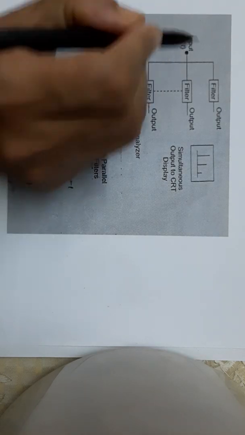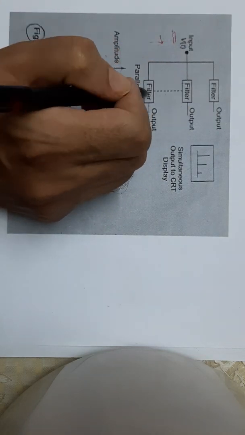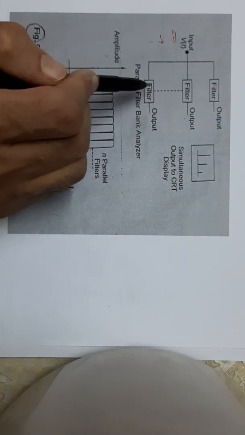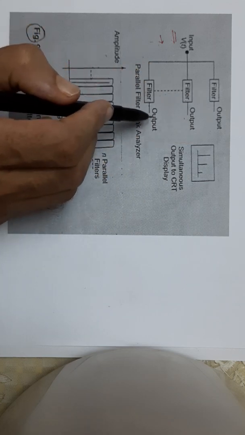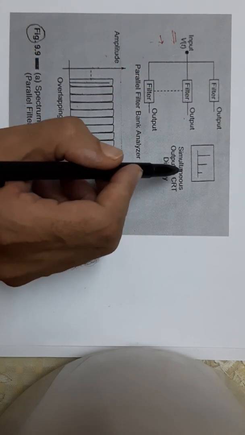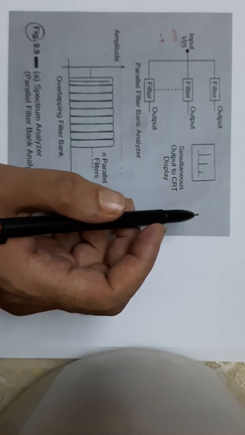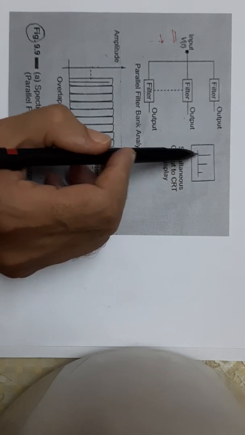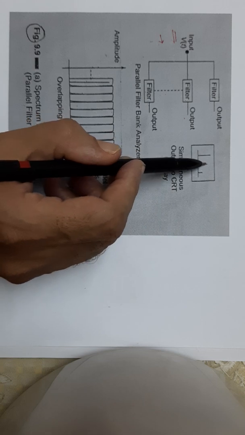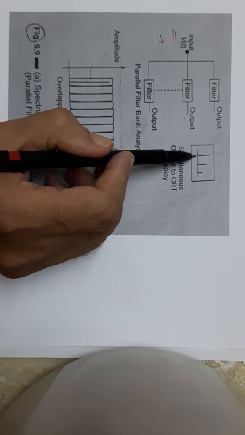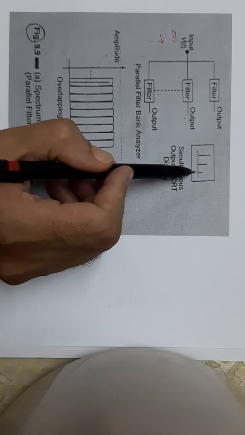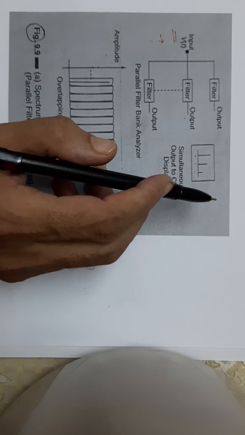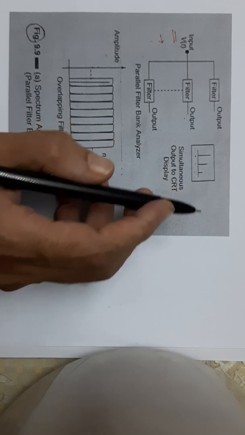This is our input, with filters 1, 2, 3, 4, 5 up to n connected, and the simultaneous output goes to the CR tube display. On the x-axis is frequency, on the y-axis amplitude, with frequencies like 0, 1 kilo, 10 kilo, 20 kilo.